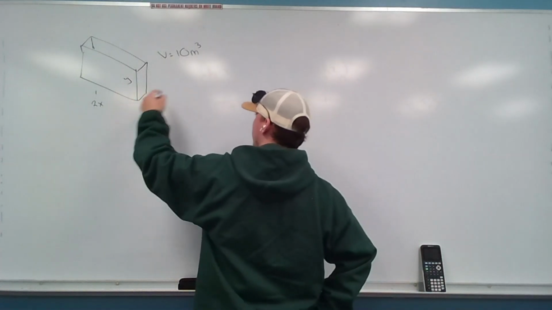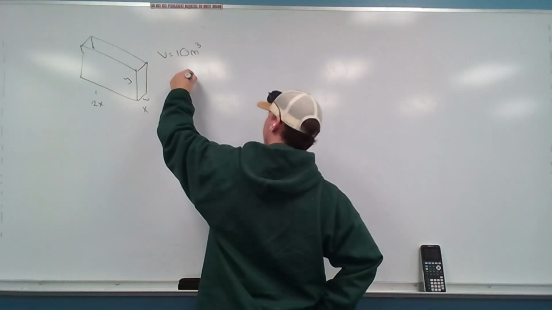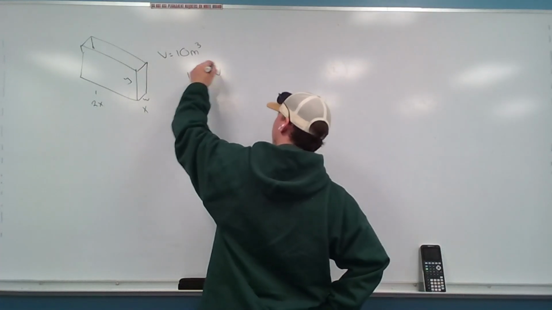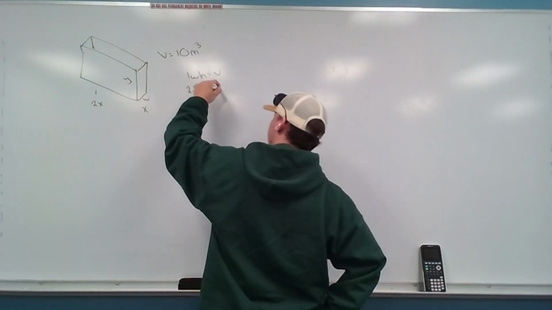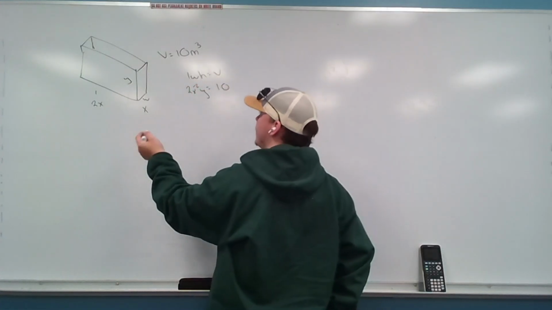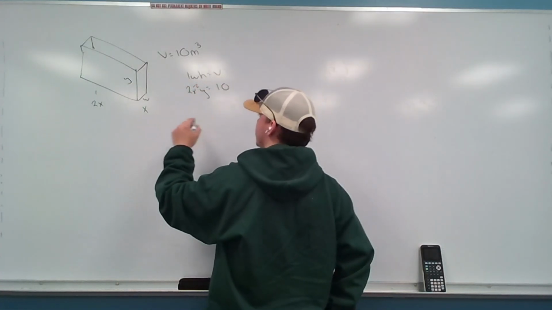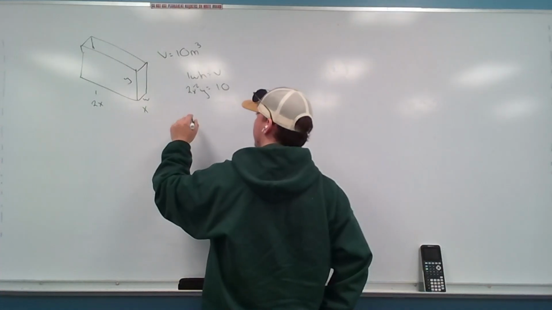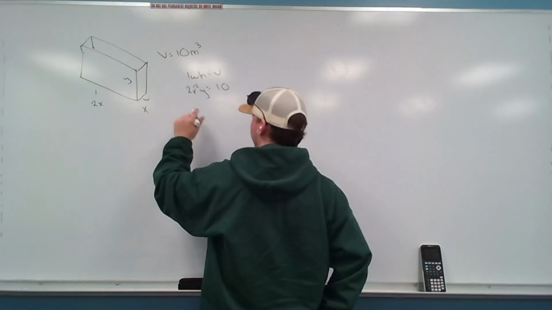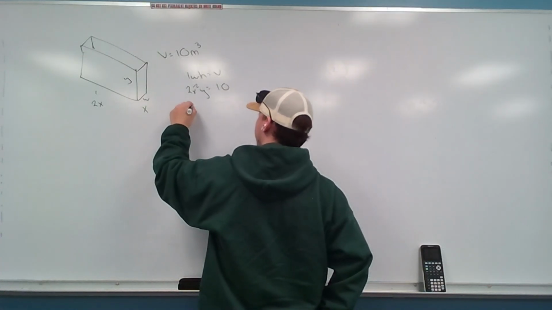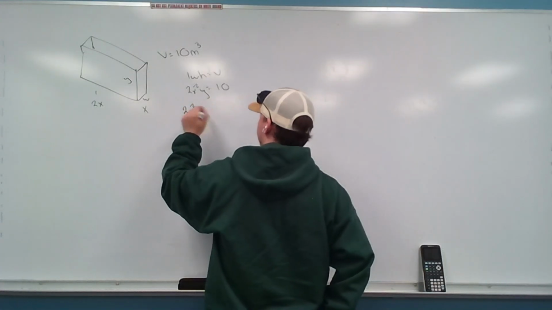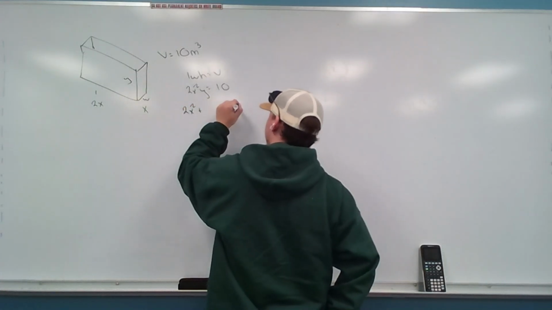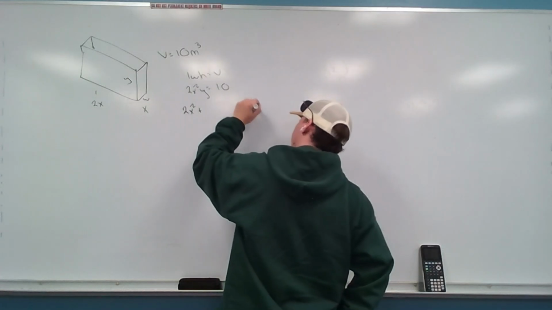So 2x squared, which is length with height, so length with height is equal to volume, so 2x squared y equals 10, and surface area, which is going to be base times base, or the length times width, 2x squared, plus the sides, is going to equal surface area.